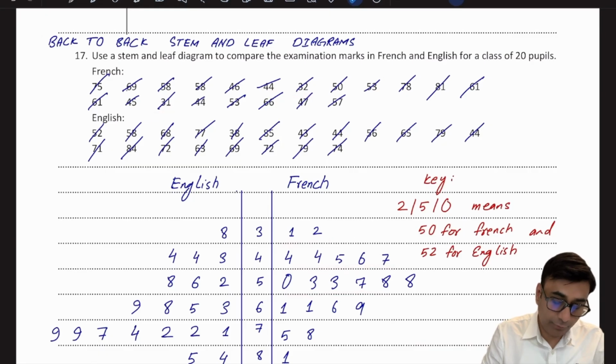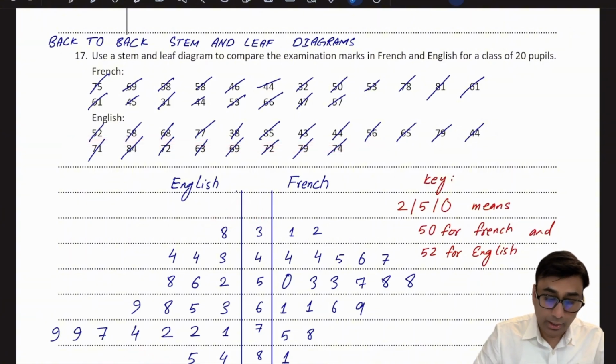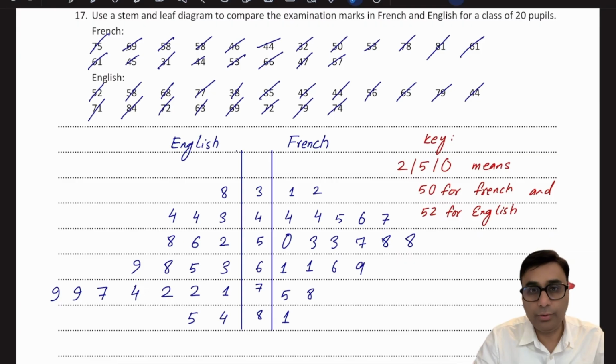And I can also do the same thing for the English. So I will identify the data for English and I'll put them down with the corresponding stems. Now, one thing that I've already told you, that by representing data by means of a stem and leaf diagram, you can easily find out the median, the lower quartile, and the upper quartile. There's also one more thing.